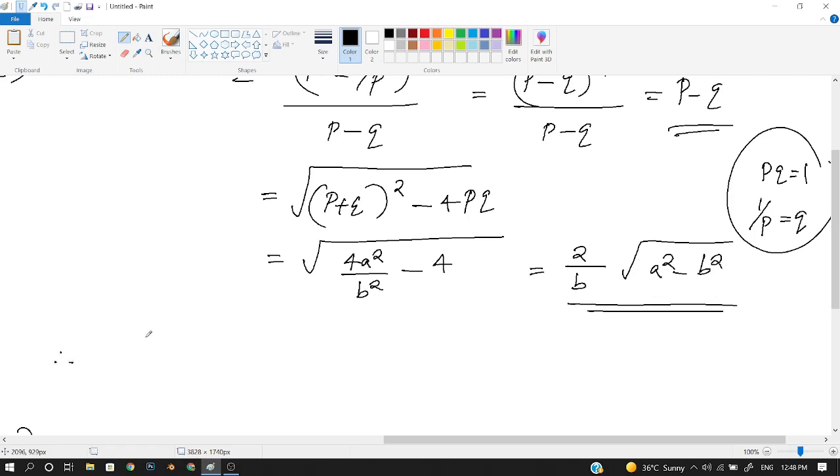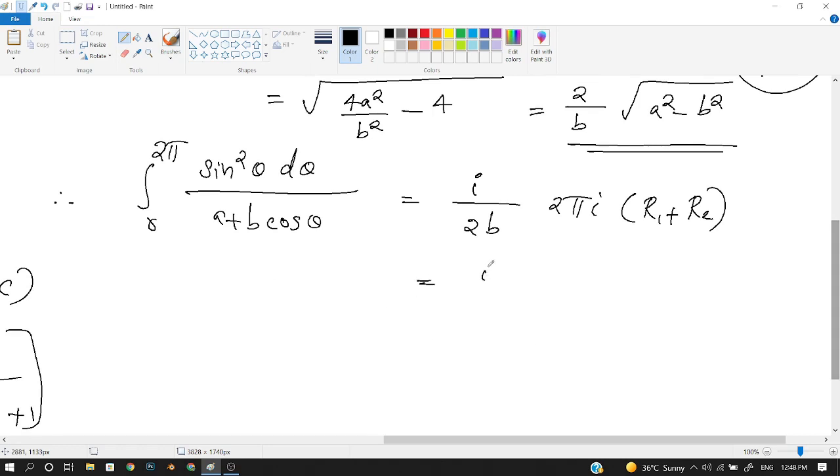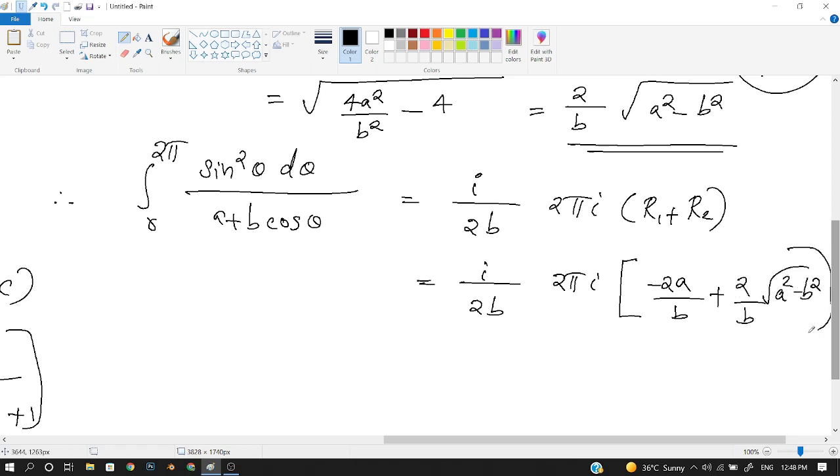Therefore our required integral, integral from 0 to 2 pi sin square theta d theta divided by a plus b cos theta, is equal to I divided by 2b into 2 pi I into the sum of residues R1 plus R2. So this is equal to I by 2b into 2 pi I, then minus 2a by b plus 2 by b square root of a square minus b square.